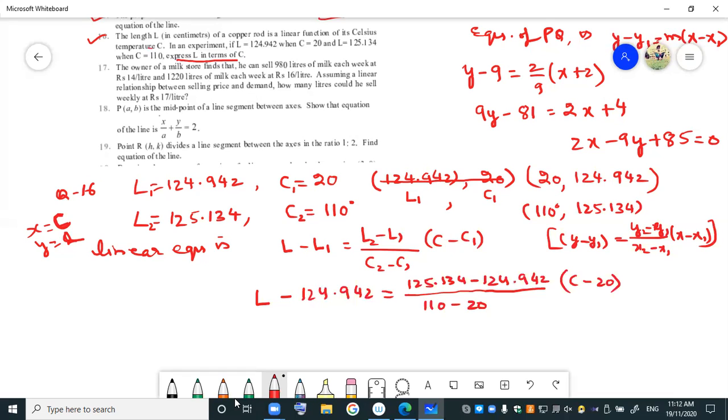This is the linear equation. Solve it to get the answer.